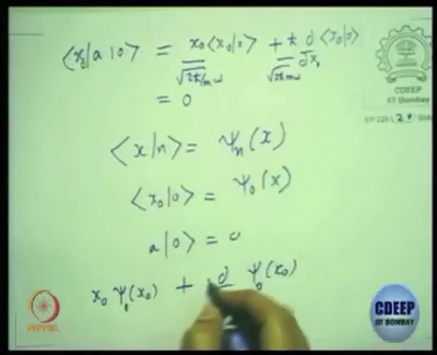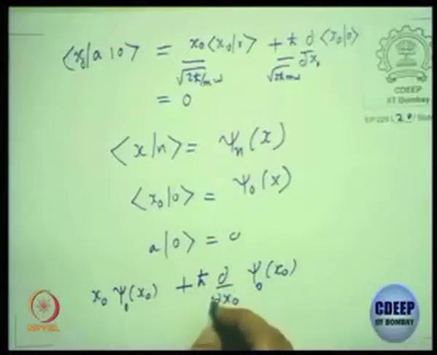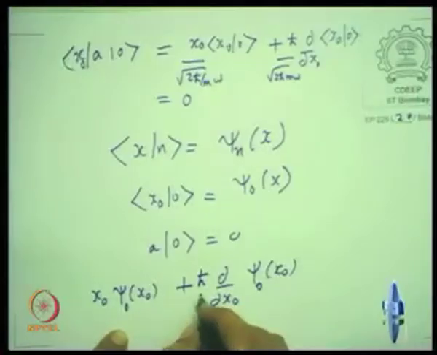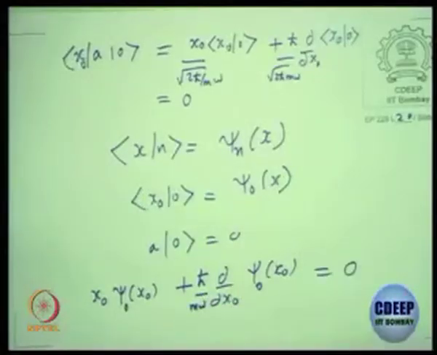So you will have h cross by m omega, I think. Can you solve this equation? This is 0. And are you getting your familiar ground state wave function? Please check it.